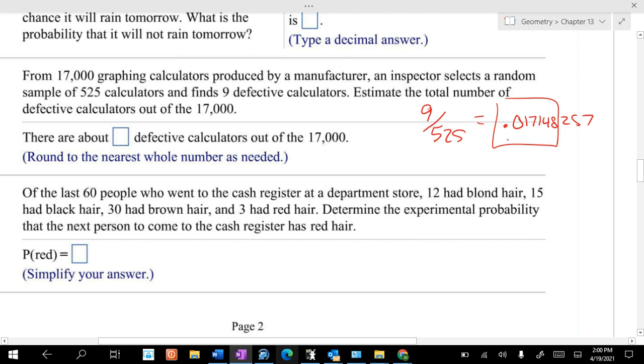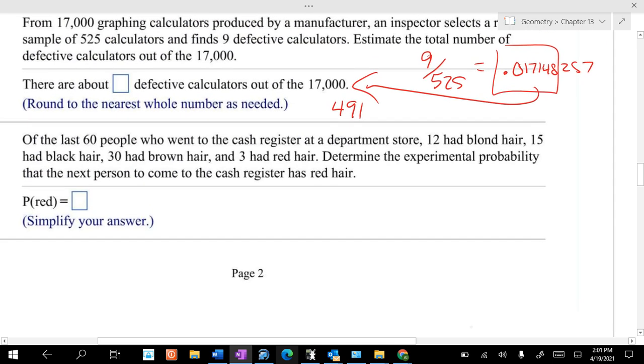So then what you do is take this number times the 17,000 and round to the nearest whole number. You're going to have 491 calculators out of 17,000 produced be defective, which isn't very good.